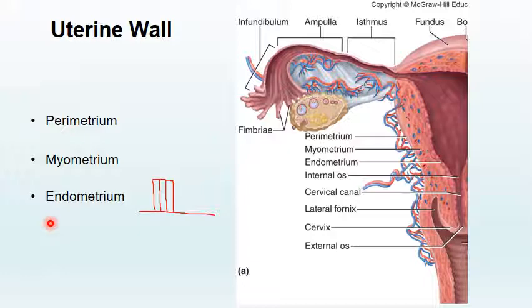So the functional layer is lost during a period, leaving behind the basal layer. The basal layer then goes through mitosis to make up our functional layer again. In the case of pregnancy, the endometrium is going to be where the fetus actually attaches.